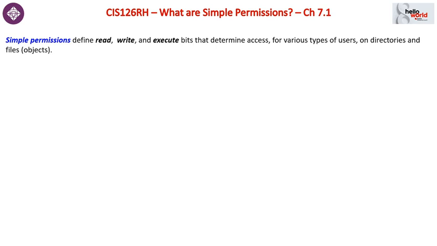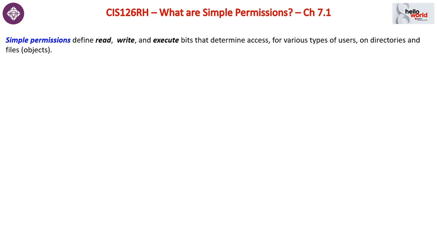The execute bit is what allows us to actually enter the directory. So if I had a directory named /pencil, if the execute bit is turned on, I can type cd /pencil and actually go into it. If it's turned off, I cannot enter it.